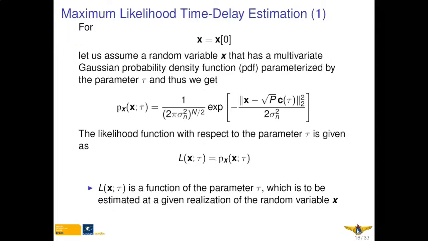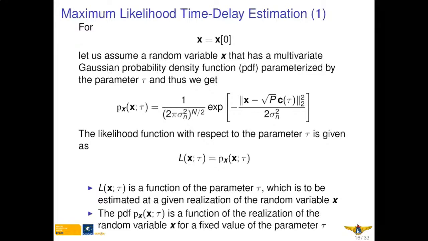So we are receiving a realization of a random variable, and then we are trying to find the parameter tau that parameterizes this received realization. On the other hand, the PDF is a function of the realization of the random variable for a fixed value of the parameter tau. So these are two separate definitions, but they are equivalent. It is only different in the way of looking at it.